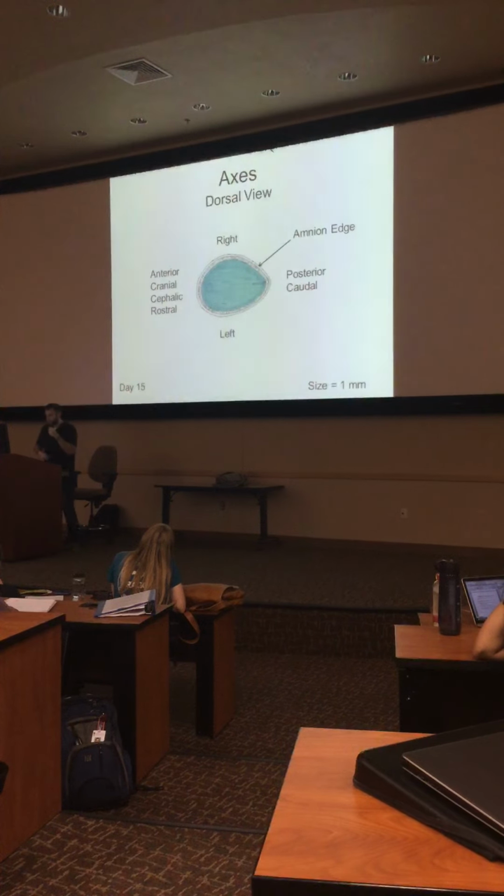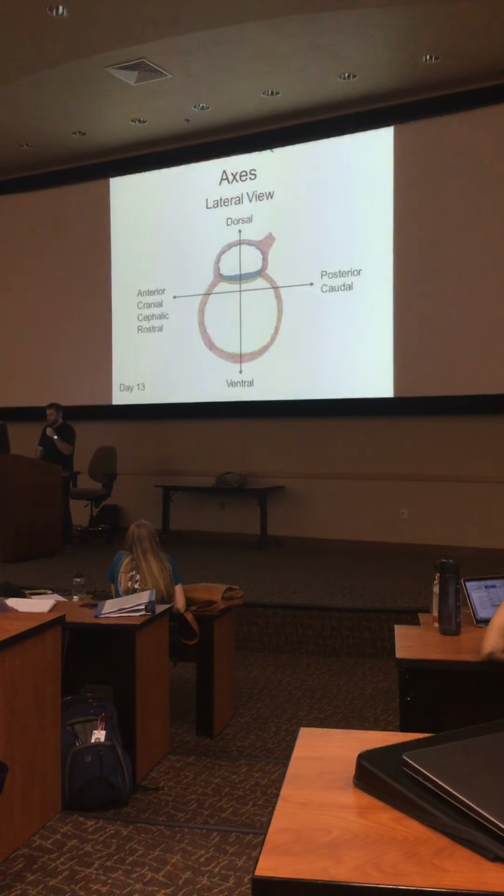Okay. So this was anterior. Dorsal is now facing out of the screen, and then ventral would be deep into the screen. Okay? And then posterior caudal is back. I'm trying to think of how to explain this better.